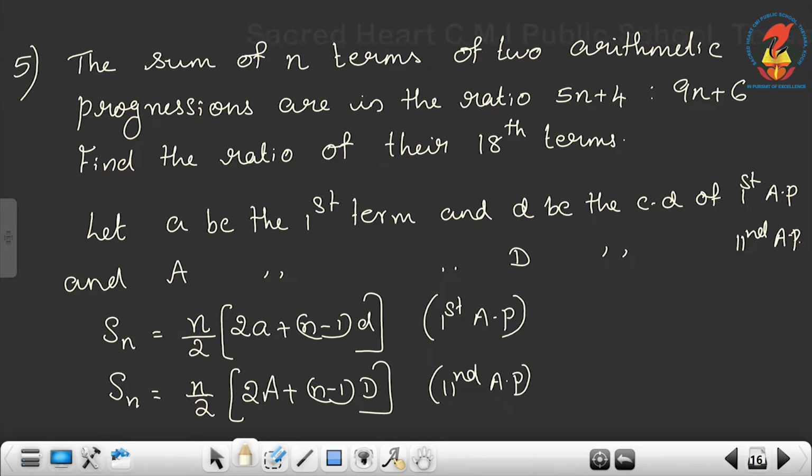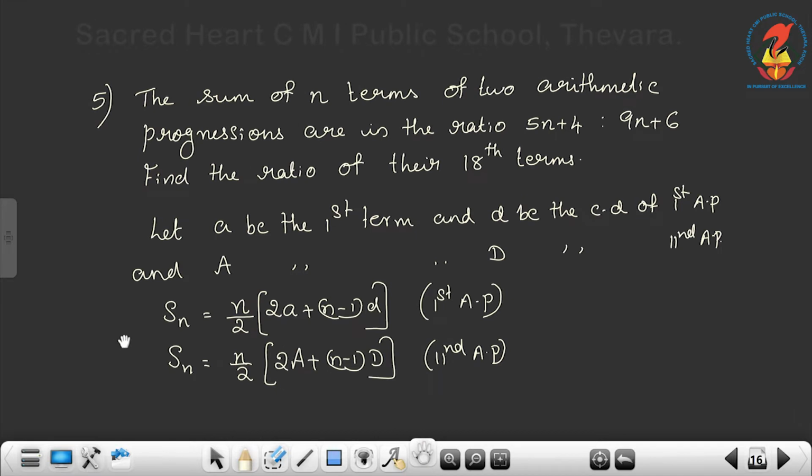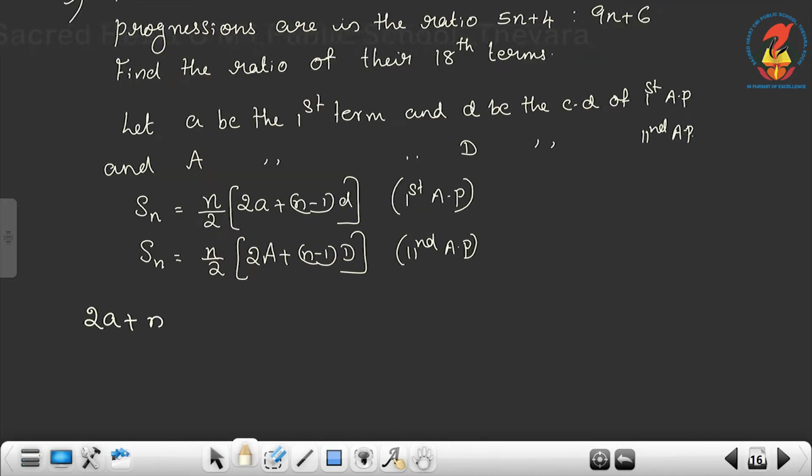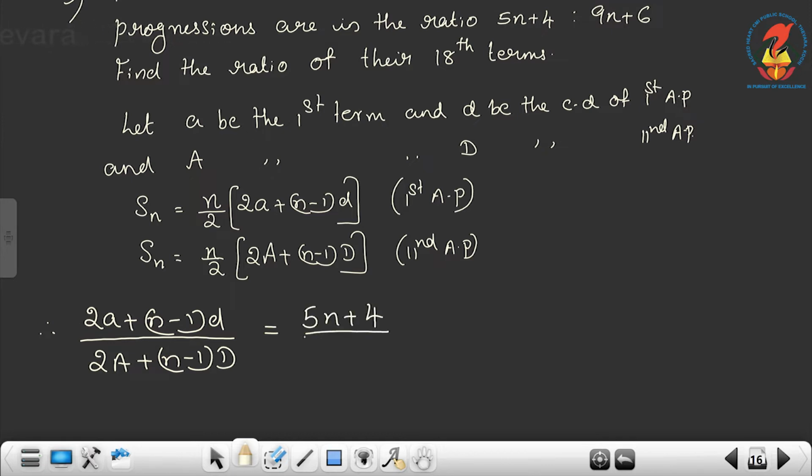Now this ratio is given. So we can write 2a plus n minus 1 into d by 2A plus n minus 1 into capital D is equal to 5n plus 4 by 9n plus 6.